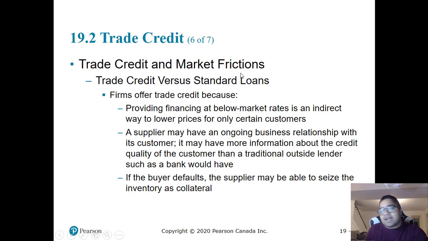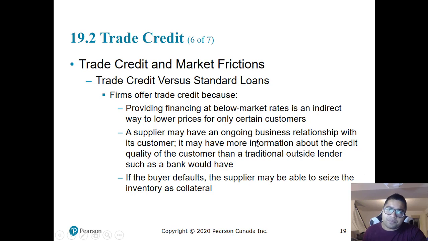Trade credit versus standard loans. Firms offer trade credit because providing financing at below market rate is an indirect way to lower prices for certain customers. So sometimes if a supplier really likes you as a customer, then he may give out trade credit at below market rates.